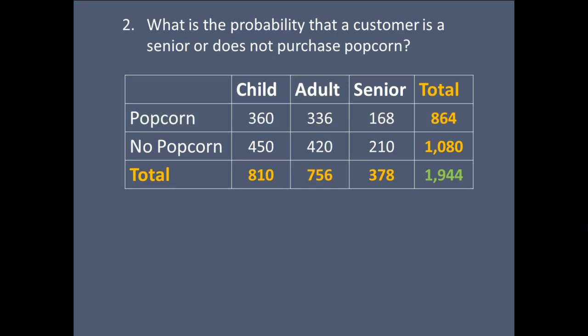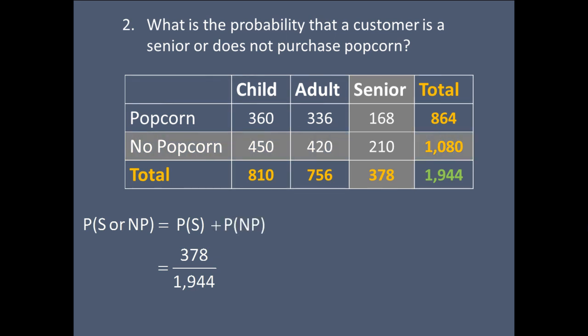In part 2, we were asked what the probability is that a customer is a senior or does not purchase popcorn. So when we're talking about "or", we are thinking about addition, and we have to think, are these events mutually exclusive or not? So can they happen at the same time? Is there an intersection point? And if we look at our seniors, we have 378 of them.